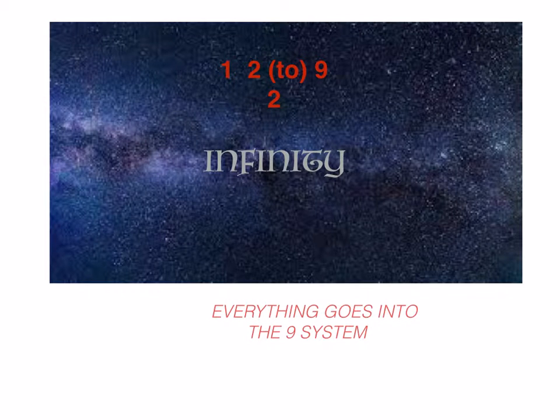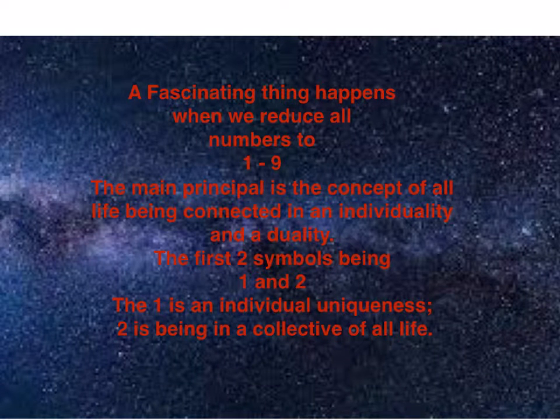I think that people back then in the ancient world thought more symbolically than we do today. A fascinating thing happens when we put all of our numbers into 1 through 9. We reduce all the numbers into a single digit, consistently, perfectly.